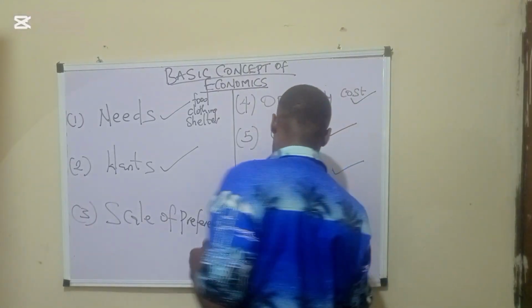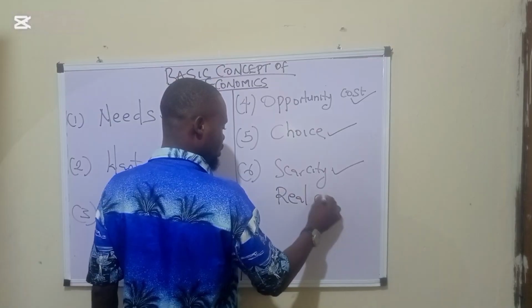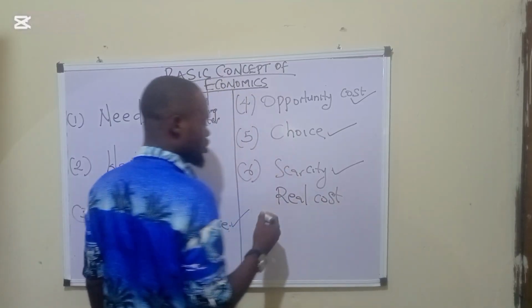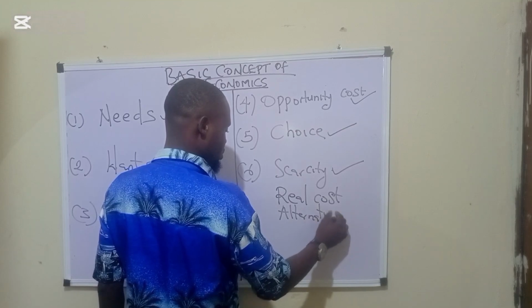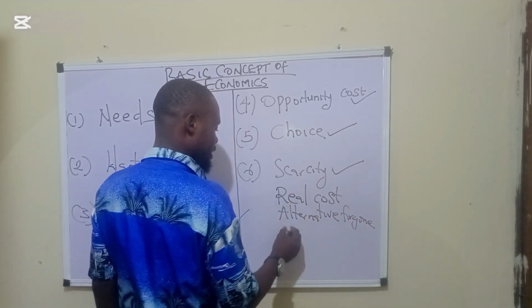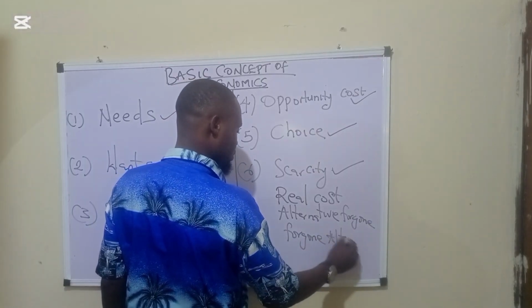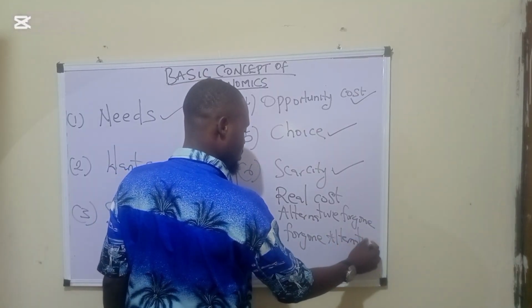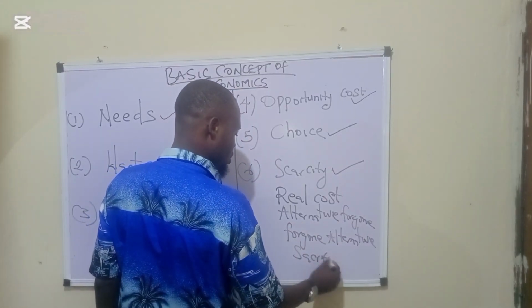So the next one is opportunity cost. There are other names for opportunity cost. The first is called the real cost. The second is called alternative foregone. The third is called foregone alternative. And the fourth is called sacrificial cost.